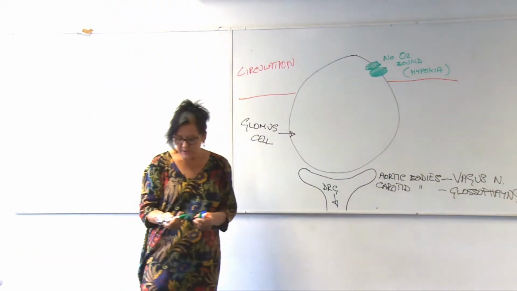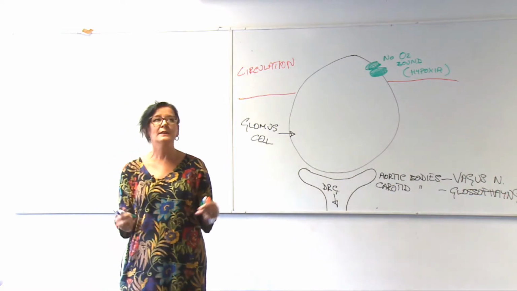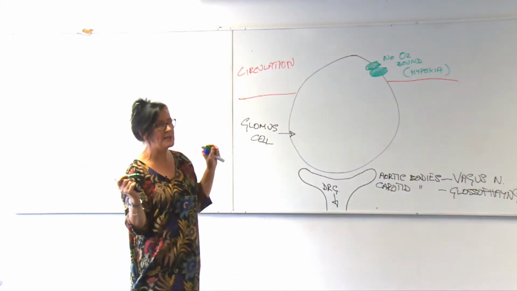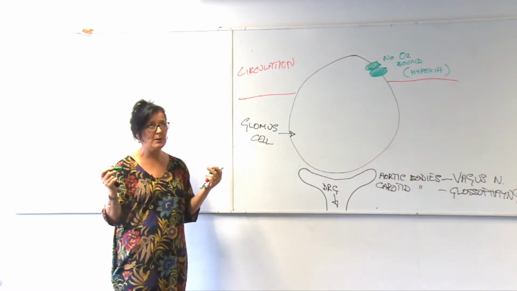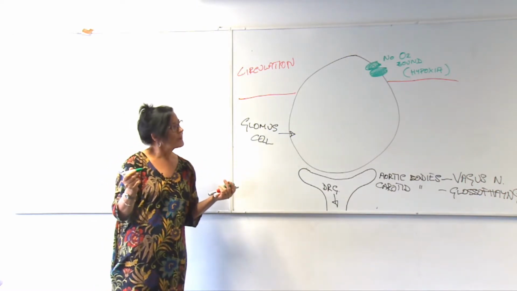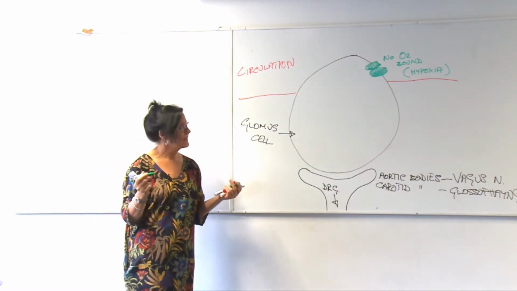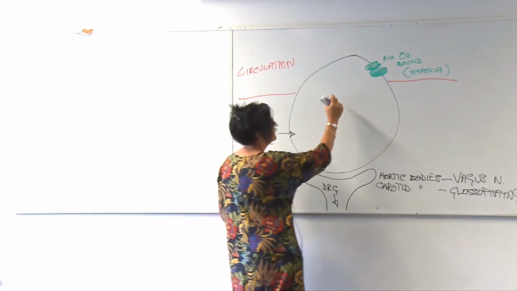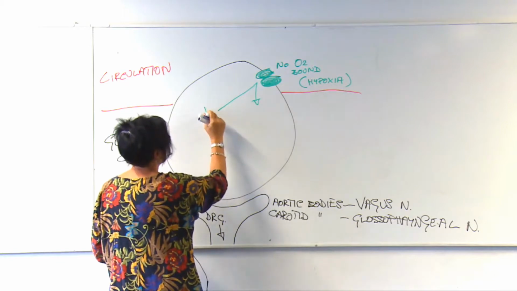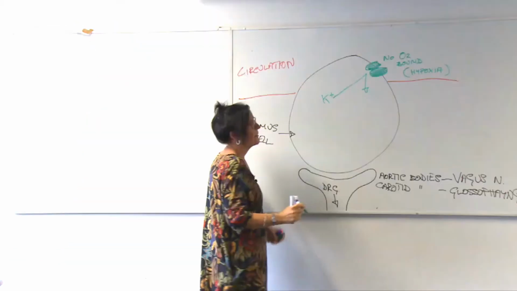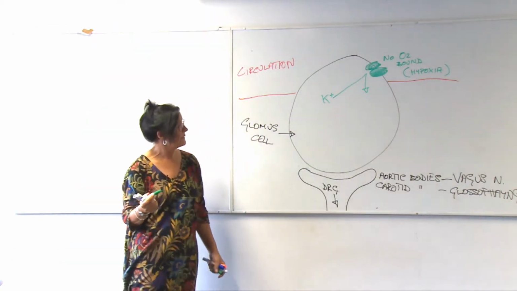Okay, so we know potassium likes to move in and out of the cell quite happily, and that then determines resting membrane potential. If it closes, potassium is retained. So potassium can't leave the cell.